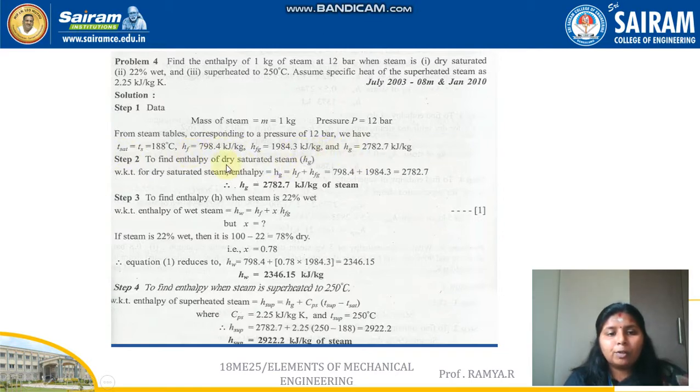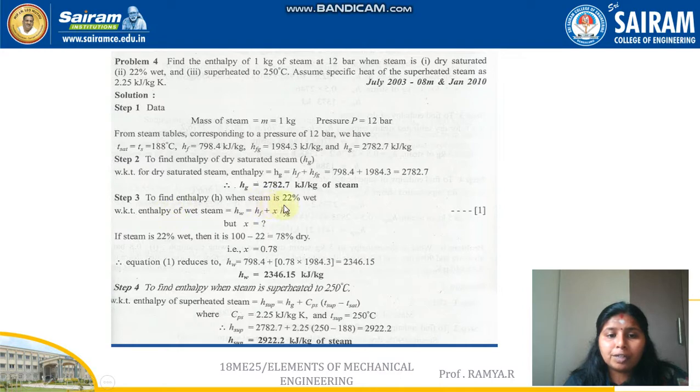All these values can be obtained from the steam tables itself. To find the enthalpy of a dry steam, Hg, the formula is Hf plus Hfg. By taking the values of Hf and Hfg, we get the enthalpy of a dry saturated steam, and the unit is most important, that is kilojoule per kg of steam.